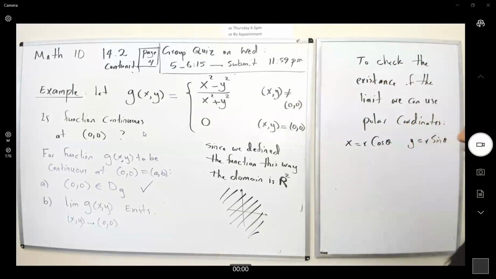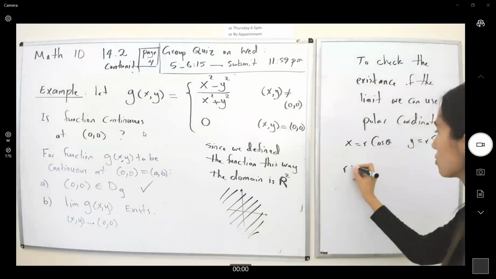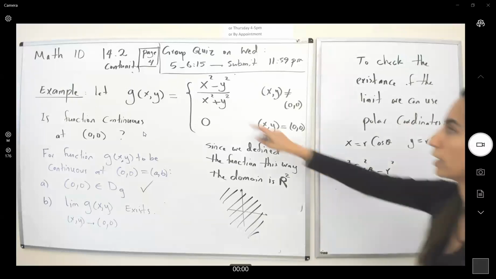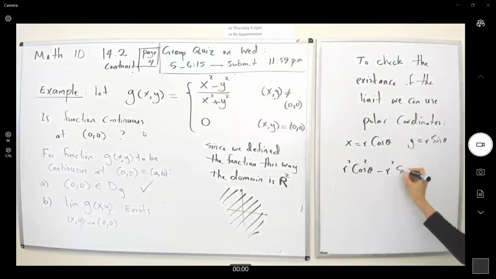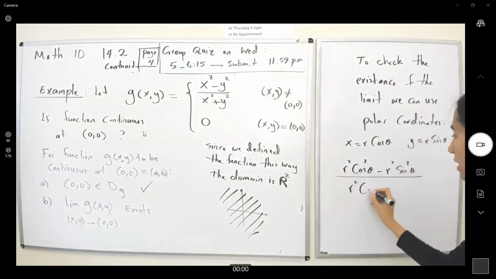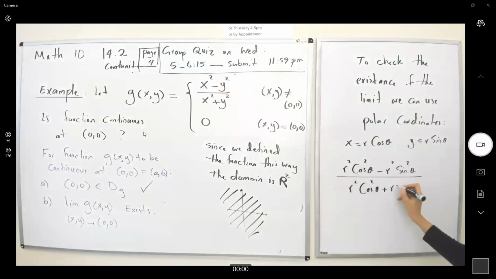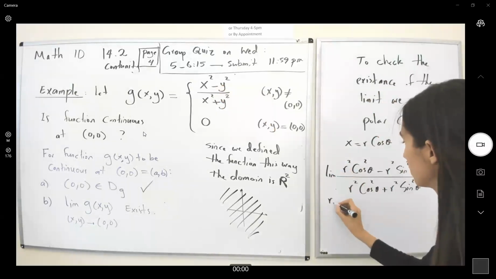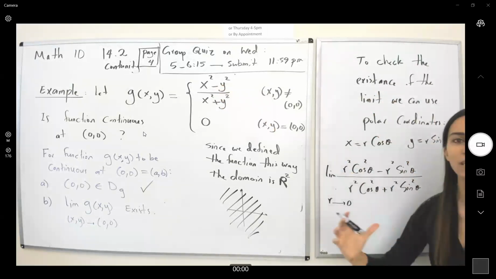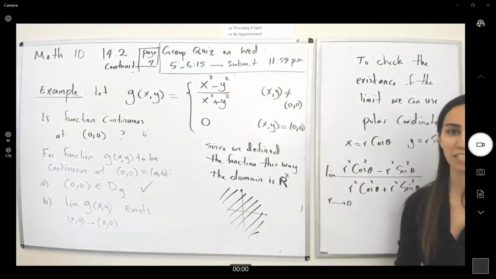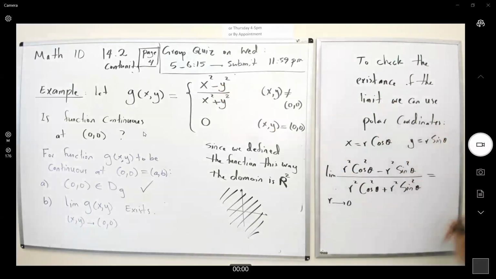So here we have this function, r squared cosine squared theta minus r squared sine squared theta divided by r squared cosine squared theta plus r squared sine squared theta. And remember that we are taking the limit while we are shrinking our circle. We're shrinking the radius. Okay, perfect.